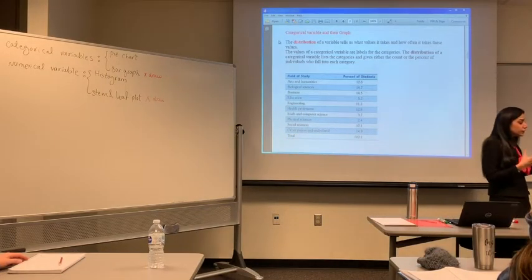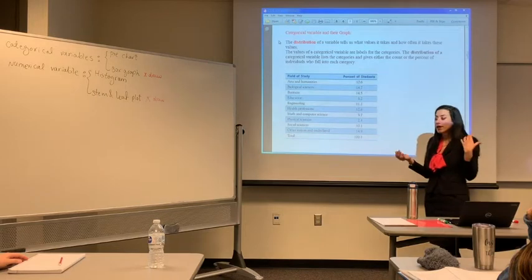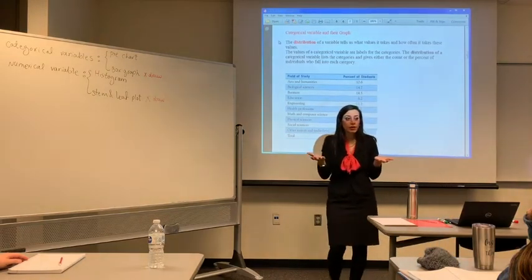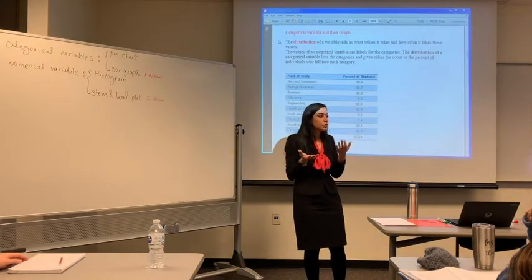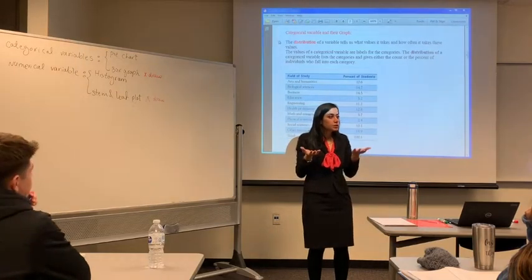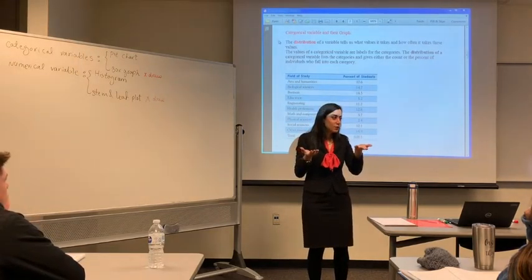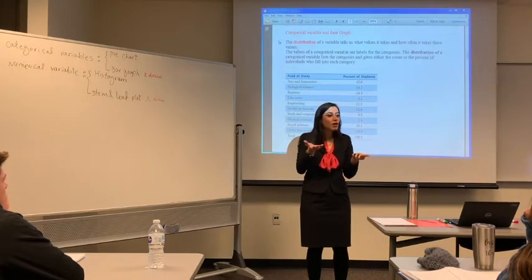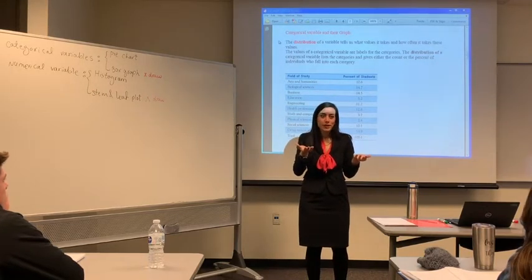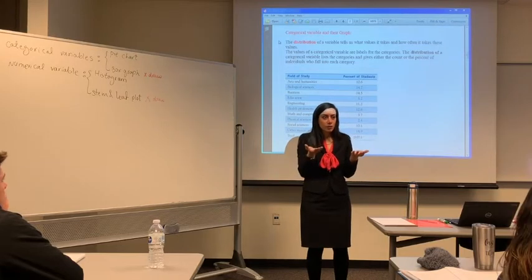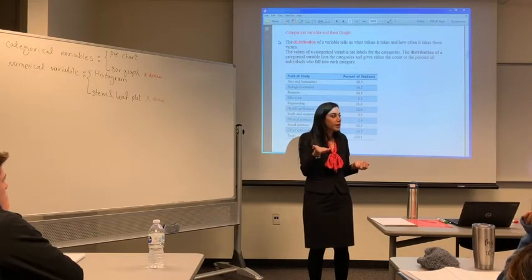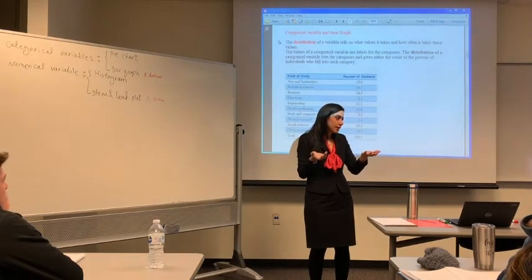The frequency of each category is, for example, if we have female and male students, this is a categorical variable, correct? We have two groups, male and female. So frequency says how often male students, how often females repeat in our data set. It means how many students are in the female category and how many in the male category.